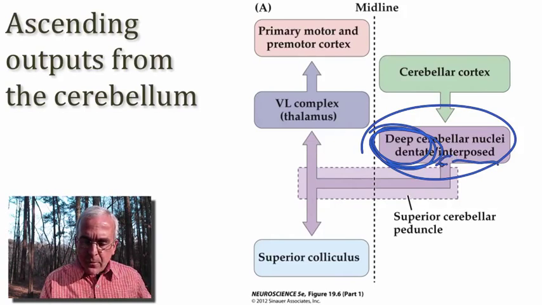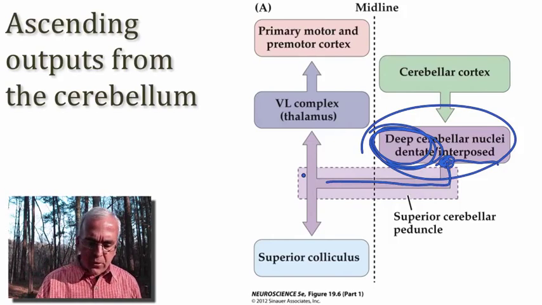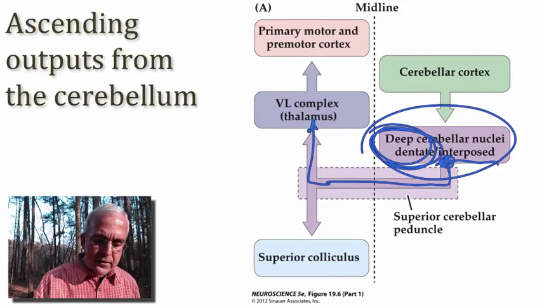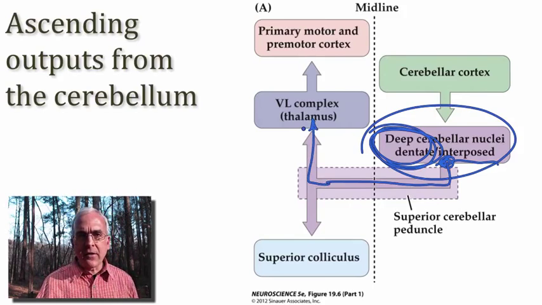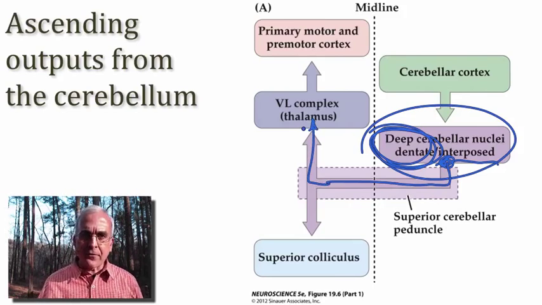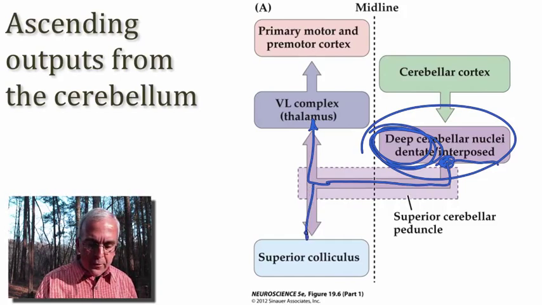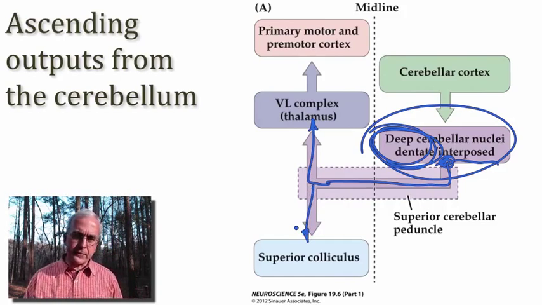The deep cerebellar nuclei in question, namely the dentate nucleus, grows an axon that exits the cerebellum through the superior cerebellar peduncle. And some of these axons will ascend and terminate in the ventrolateral complex of the thalamus, the ventrolateral ventrally anterior nuclear group. There are other axons that will terminate among upper motor neurons in the superior colliculus.